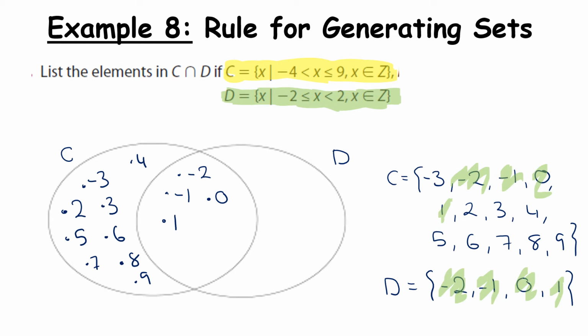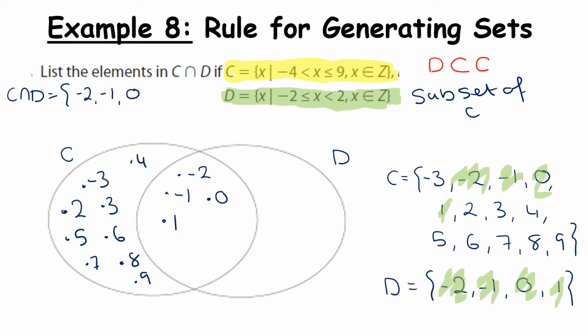There's nothing left to go in D. So actually D is a subset of C. How we would write that with our sets notation is D is contained in C. So they wanted us to list the elements of C intersection D, and that is -2, -1, 0, and 1.